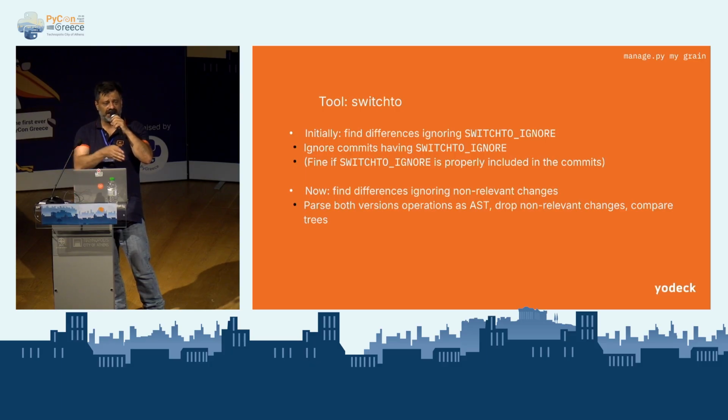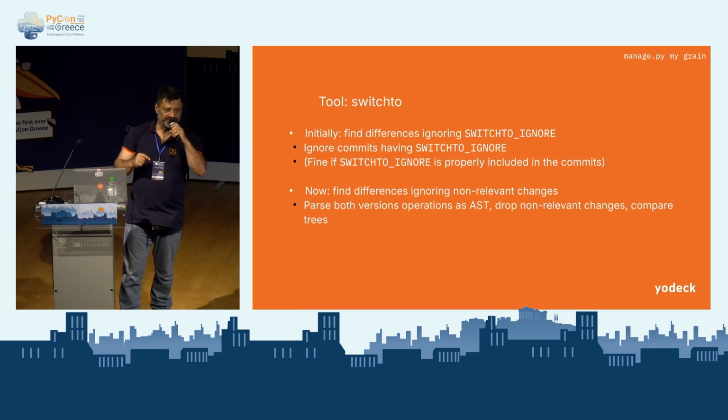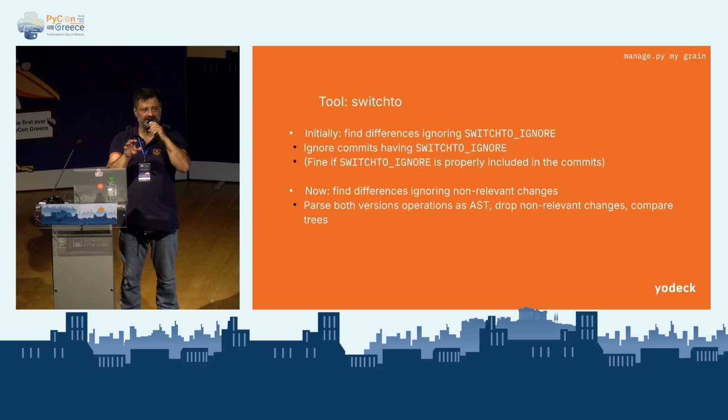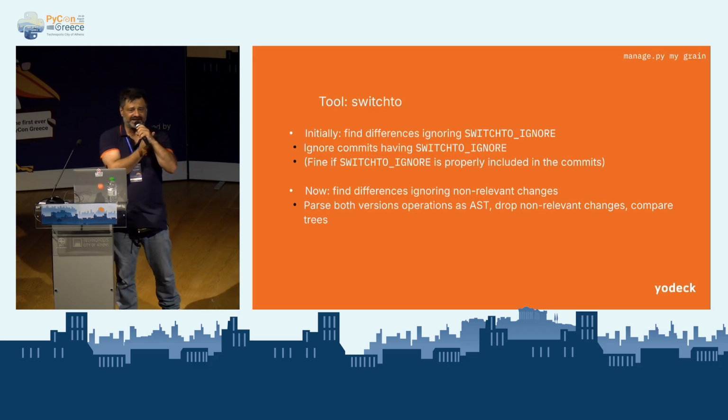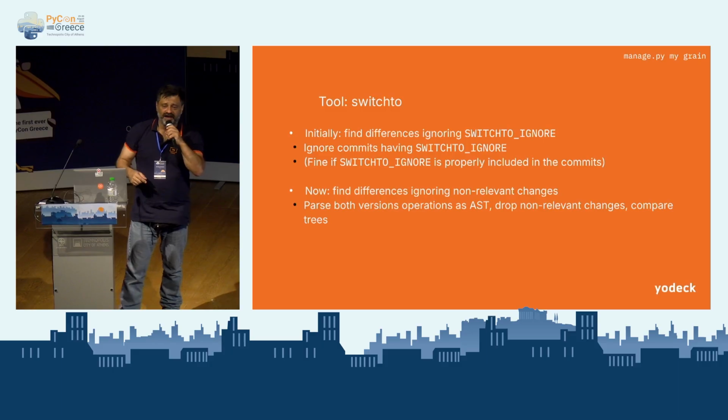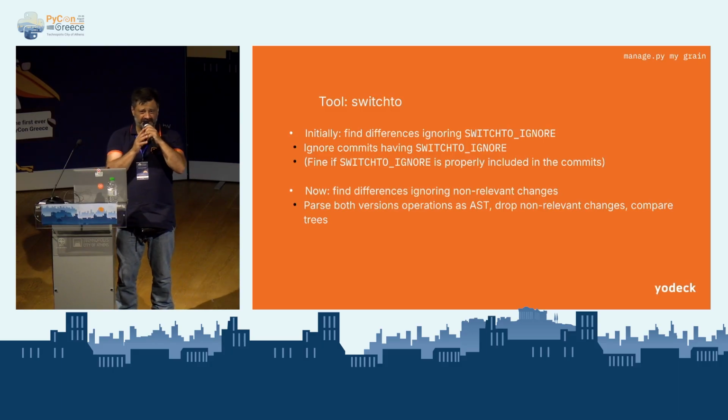It just compared: I'm in this branch and in that branch, and then we have those commits that affect migrations. We had the option that if someone added a comment with switch to ignore, then switch to would ignore that commit, because it was a change like the ones I said earlier that does not affect the database. But we usually forgot to add that comment.